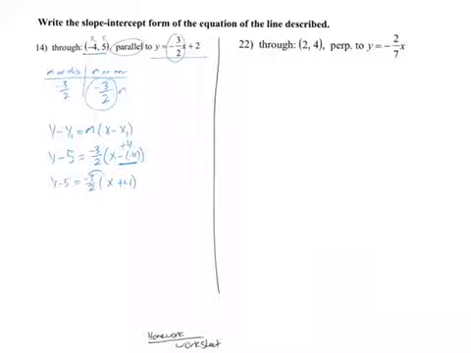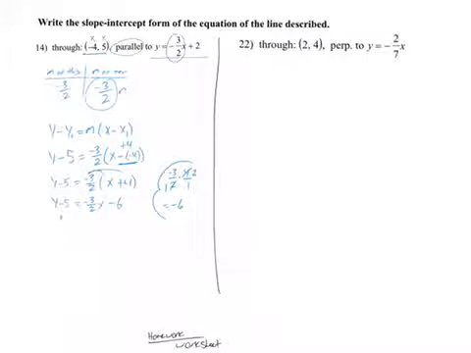Distributing this negative 3/2 to each of those, I'm going to have y minus 5 is equal to negative 3/2x. And then, thought bubble right here, negative 3/2 times 4/1. 2 goes into 2 one time, 2 goes into 4 two times. So it's going to come out to be negative 6. So this is going to be minus 6.